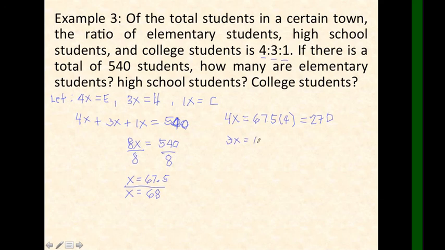We have 67.5 times 3. The answer is 202.5, or gawin natin siyang whole, 203, kasi wala namang 0.5 na estudyante. And then, for the x, we have 67.5.